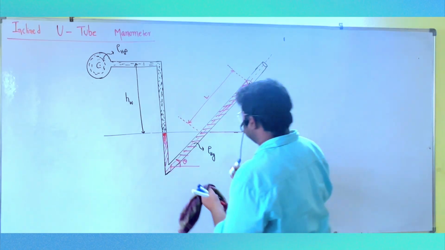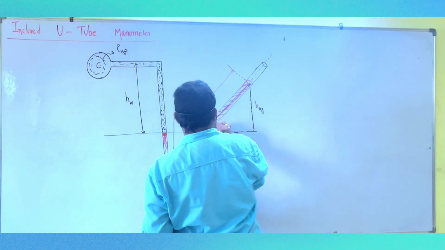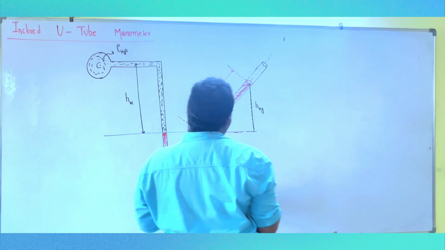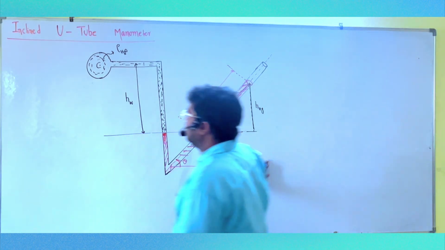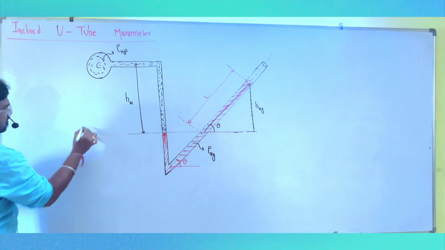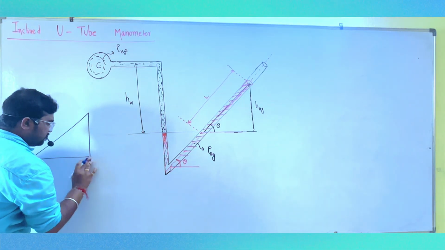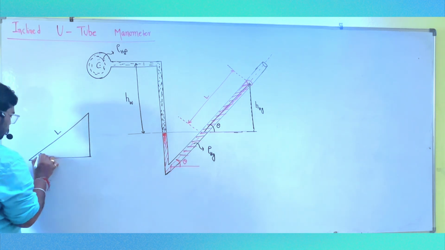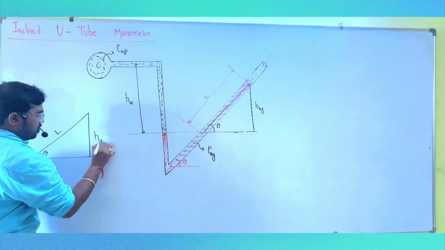Take this triangle here: the length of the mercury column L, the angle theta, and the vertical height h_Hg.